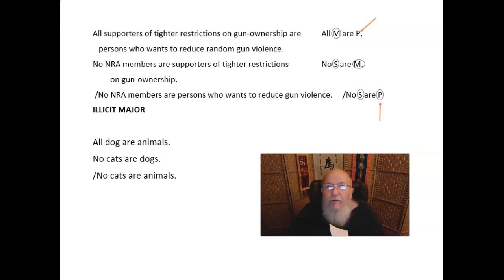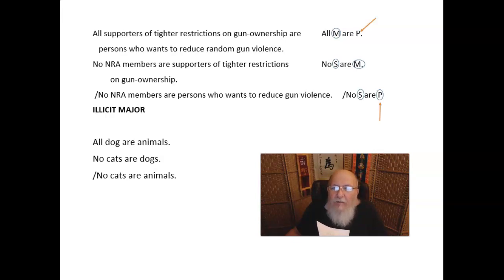They won't put it to you in standard form, like I've said before. But when you break it all down, they're always saying stuff like this to try to make people guilty by association. Suppose someone argued, all supporters of tighter restriction of gun ownership are persons who want to reduce random gun violence.